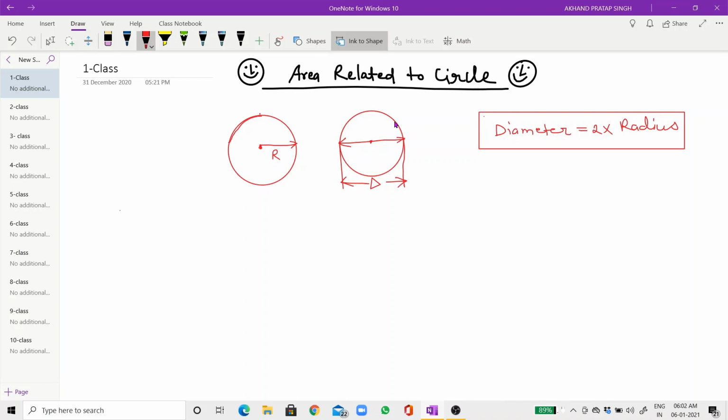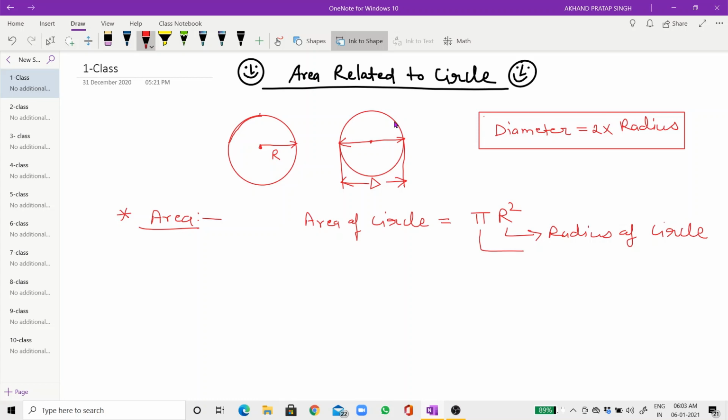Now comes the area. So area of circle is equal to pi r square, where r is the radius of the circle.